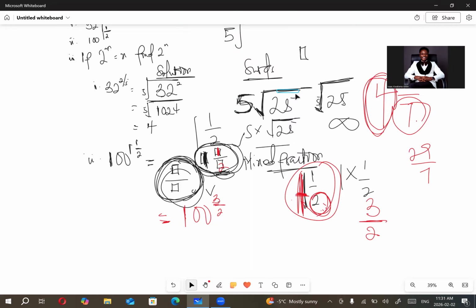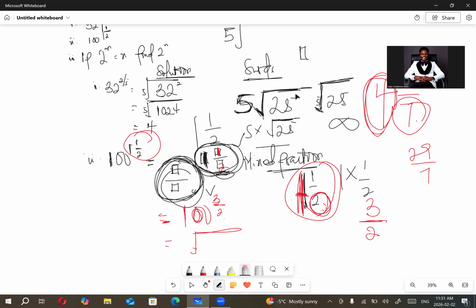So now, having re-expressed this one, you have 100 exponent what? 3/2. I believe you can solve this, right? Fractional index, you just take what? The root. So the denominator will name the root. And I just told you square roots are better written without a 2. All right.